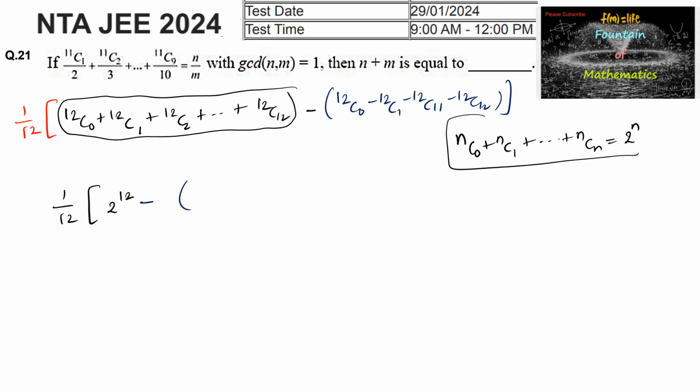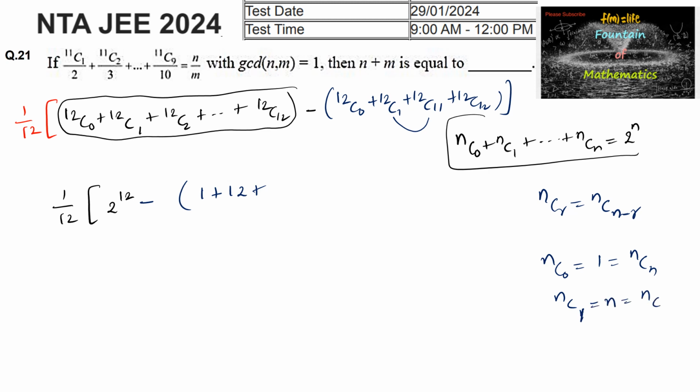So which is equal to minus of 12C0 is 1, so minus taken common, so it is plus. 12C1 value is 12, and similarly 12C11 is the same as 12C1 because we know that nCr = nC(n−r), both are the same. We can also remember nC0 = 1 = nCn, and nC1 = n = nC(n−1).